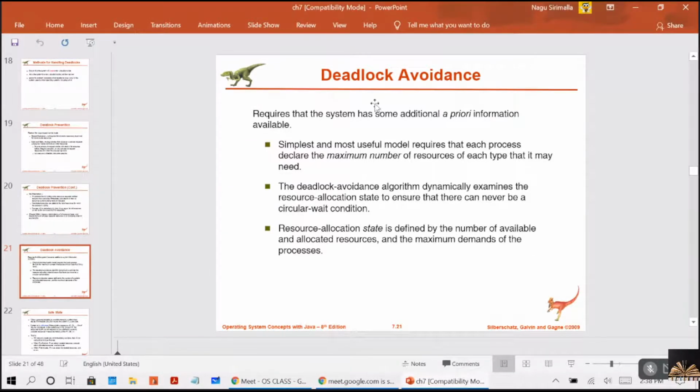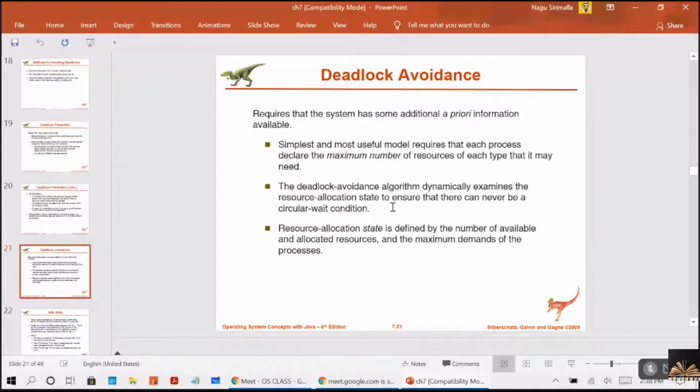So if you see the points here, it is the simplest and most powerful model. It requires that each process declare the maximum number of resources of each type that it may need. So whenever a process is starting, it should inform the maximum number of resources of each type it requires. It should tell everything it needs. Then the system dynamically examines the resource allocation state to ensure that there can never be a circular wait.